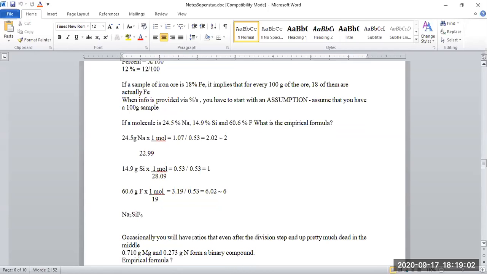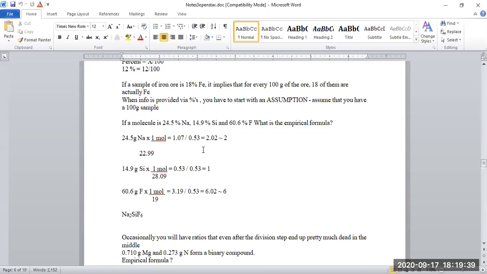Now note, one thing that is typical of this style of problems is the number of moles you're getting in this first segment here, 1.07, 0.53, and 3.19, are kind of bigger numbers than we got in previous examples. The reason being that you're starting with a higher number of apparent grams. Therefore, you will have a larger number of moles.